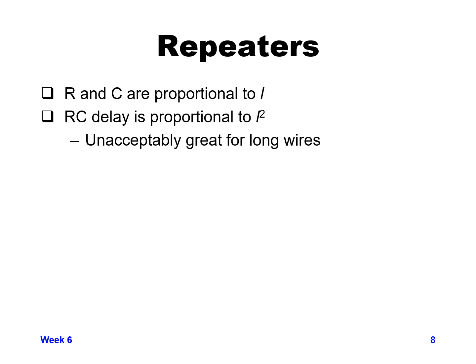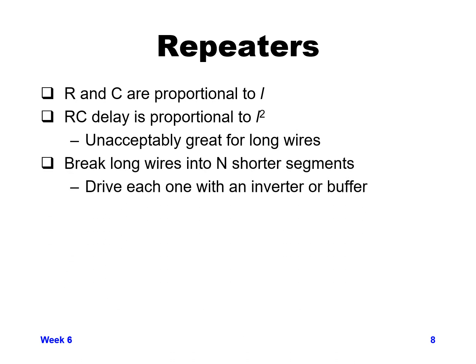So if you have really long wires, this factor of L squared causes your delay to be unacceptably large for long wires. With this in mind, typically what we try to do is break really long wires into shorter segments, so n number of shorter segments, with each segment being driven by either an inverter or a buffer. There's a few different reasons why you might want to use inverters.